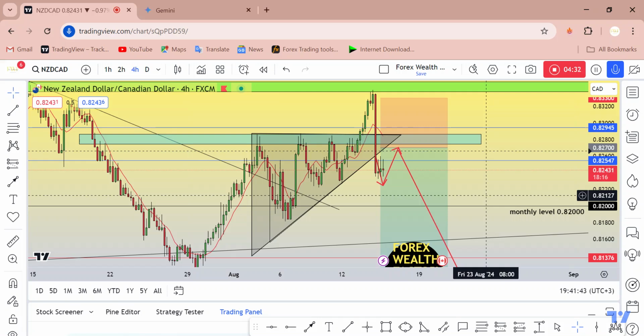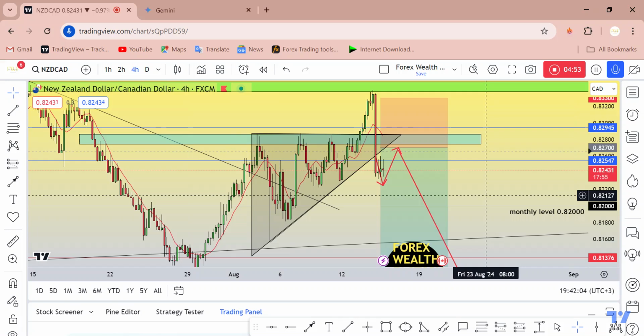This is a very famous move from the market makers, very common actually in the forex market. You have fake signals just to take out the stop losses of the small traders, and then it will continue to the downside.